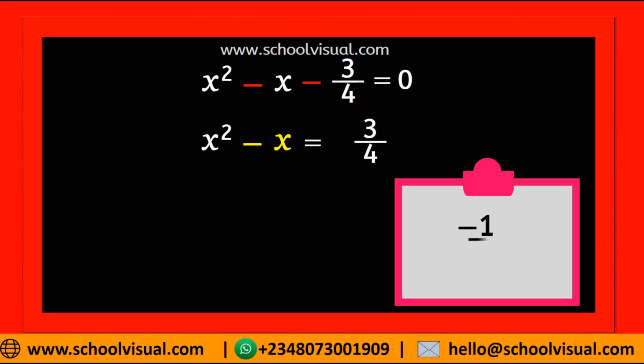We divide it by 2 and we square it. This is what we are going to add to this side and to this side. Watch me closely. Write the whole of this.